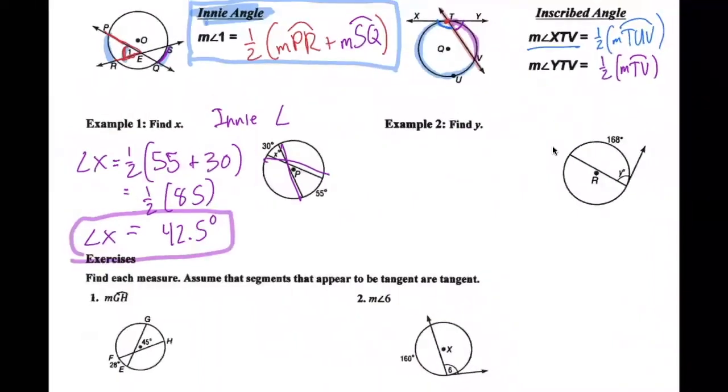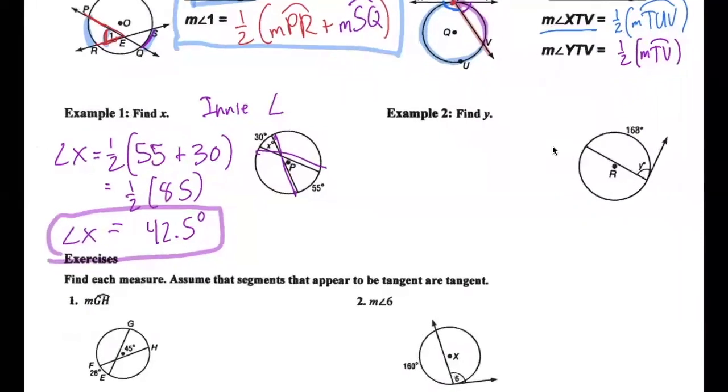And this next one, these are just inscribed angles. I don't know what else to name it. Inscribed angles, they're on the edge of the circle. I need to think of a better phrasing for that, but inscribed is literally on the edge of the circle.